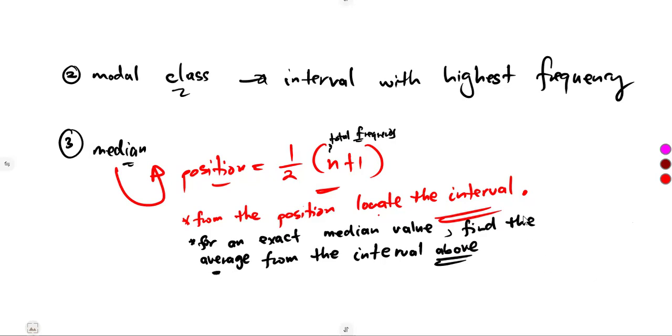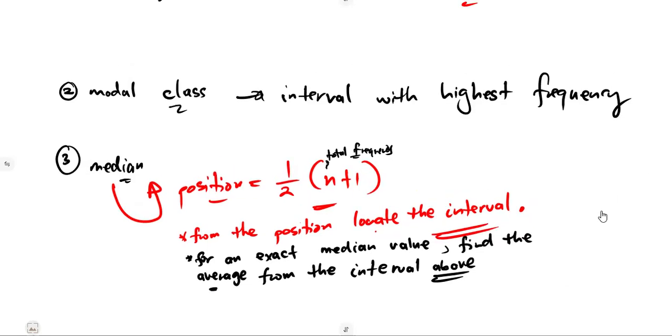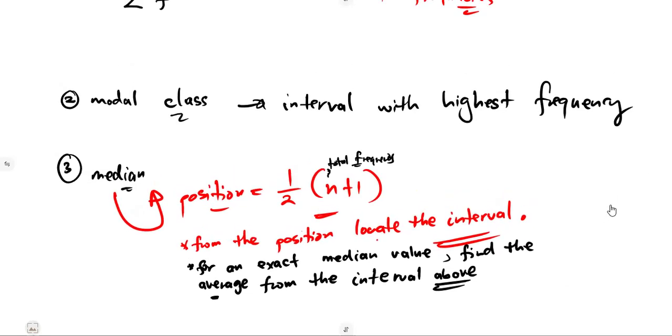Remember, average is just like when we're given x is greater than or equal to 10, less than or equal to 20. You add these two and divide by 2. When they want the exact median. But when they say the median interval, you just locate that, and you're done. So these are two things. I'm going to explain with examples.